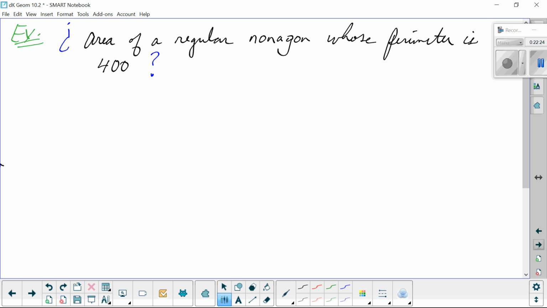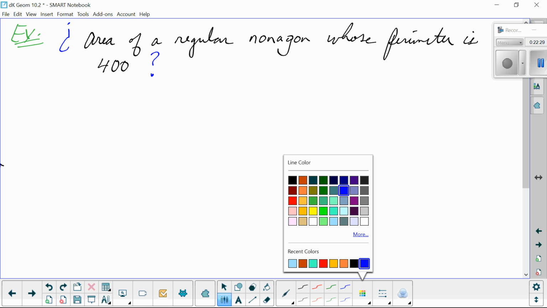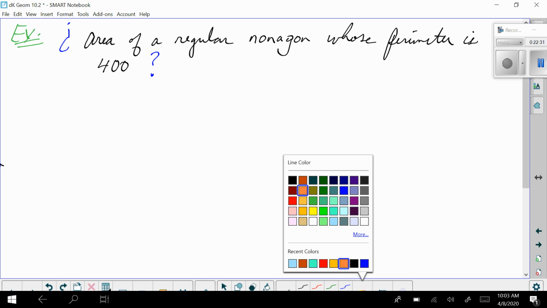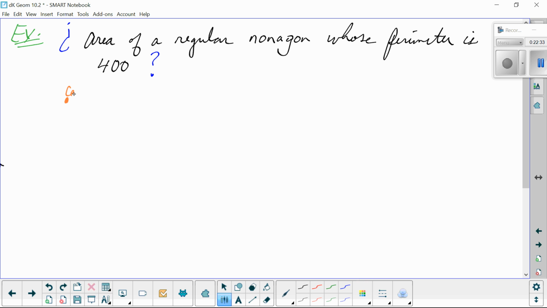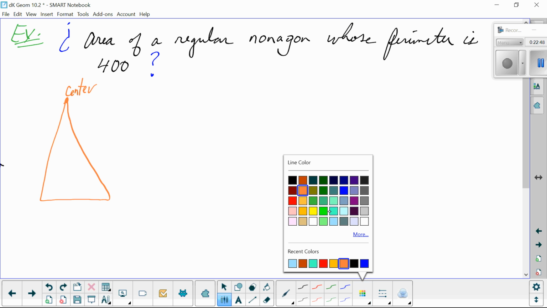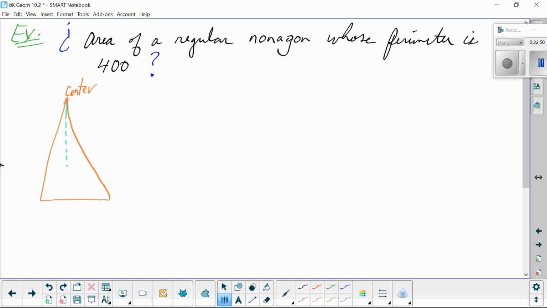What is the area of a regular nonagon whose perimeter is 400? Draw a single triangle, and there's 9 of those. Well, we need to know what the height of the triangle is. You could also call that the apothem.